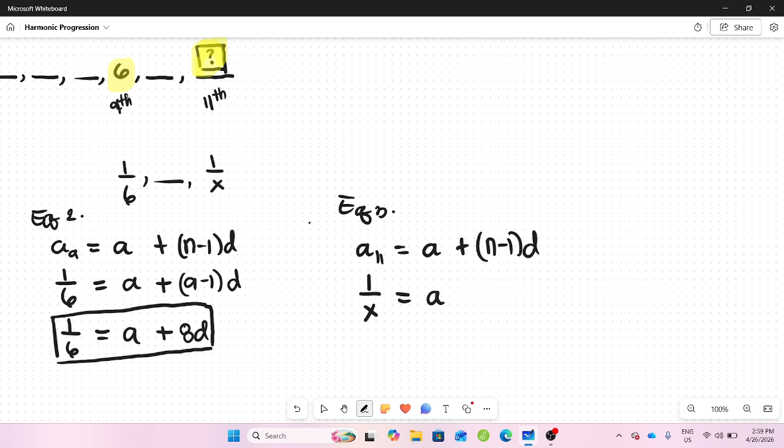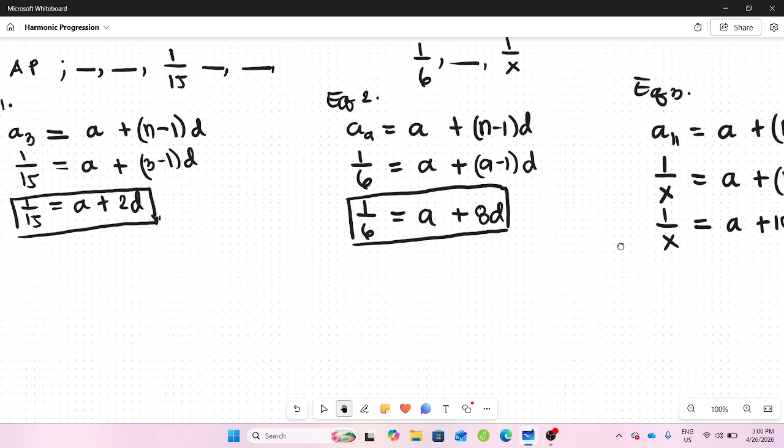So a is still unknown, plus 11 is our n minus 1 times d. So we have 1 over x equals a plus 10d. Okay, I'll leave it like that.